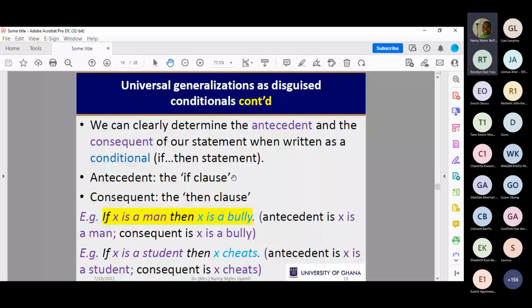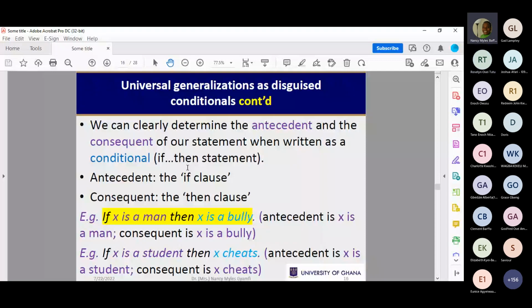It isn't all the time that you will see your statement already given as a conditional. So you need to know that. Sometimes you will be given a universal statement. All men are mortal. All planets orbit the sun. All women have done so and so.